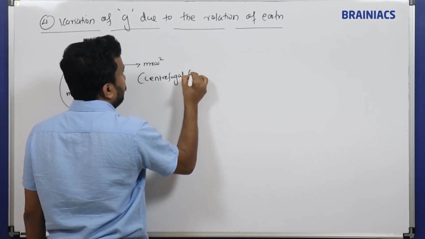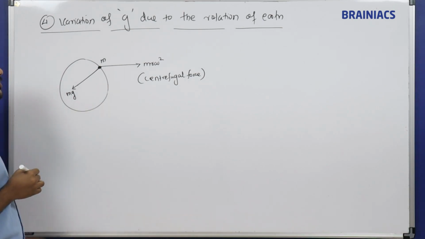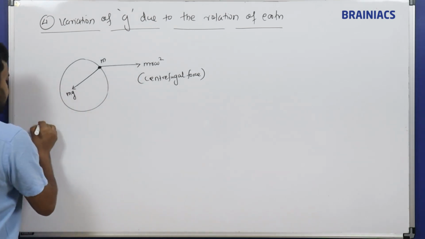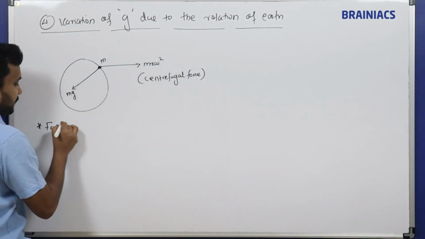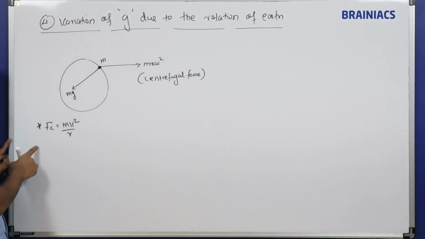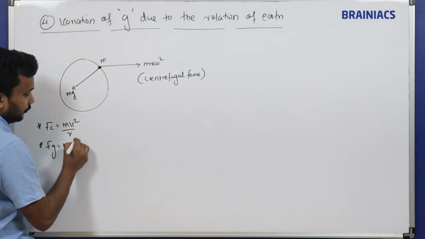and this outward force is called centrifugal force. In rotational motion, centrifugal force is mv square by r. We know the centripetal force Fc is equal to mv square by r, acting towards the center. Similarly, centrifugal force is also mv square by r.